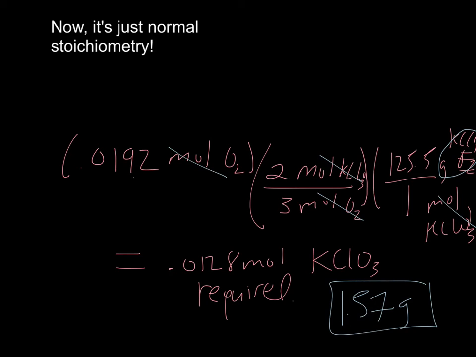Let's kind of recap for just a moment. So your general problem flow is going to do one of two things. You're going to start with normal stoich, and if you start with normal stoich, you're going to end with PV equals nRT, like we just did.